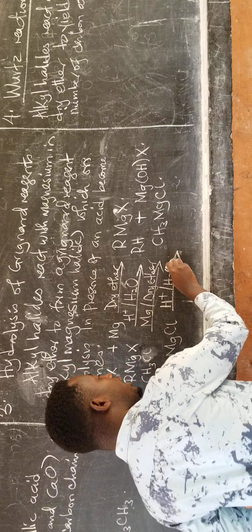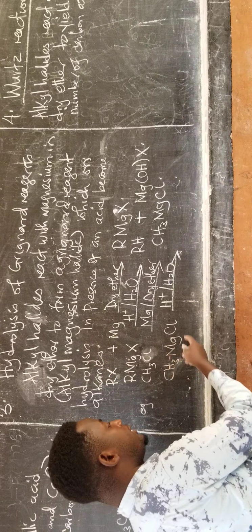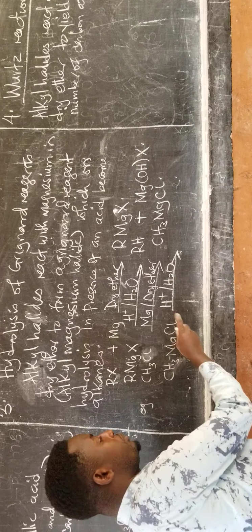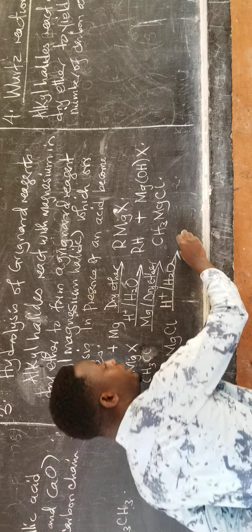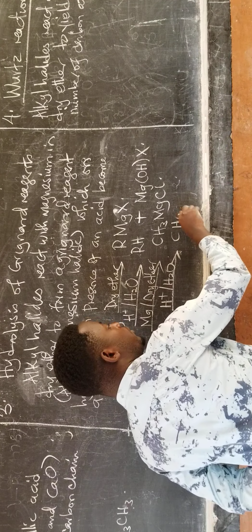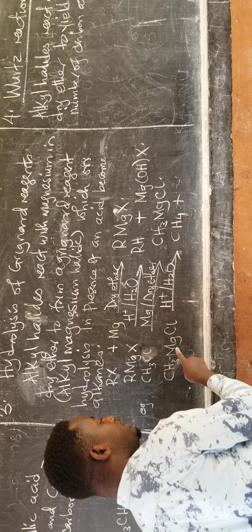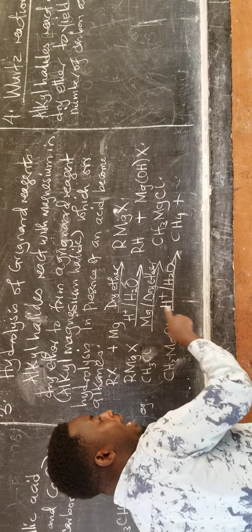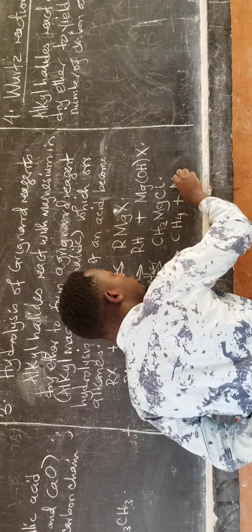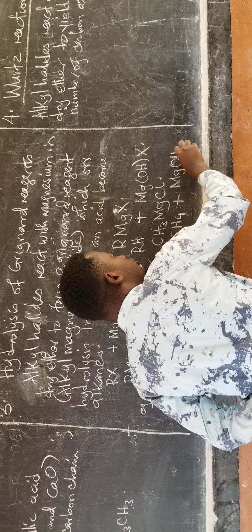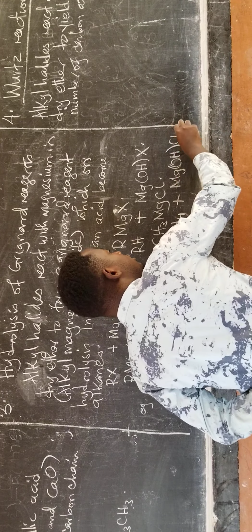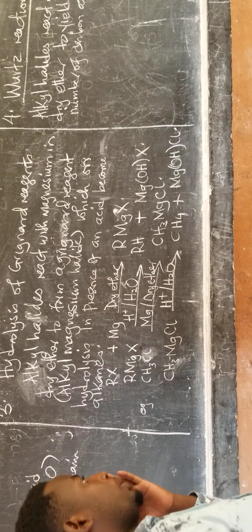In presence of an acid, this magnesium chloride is going to be replaced by a hydrogen atom, and therefore it shall be CH4, and then plus, now this is going to be magnesium hydroxychloride, MgOHCl.